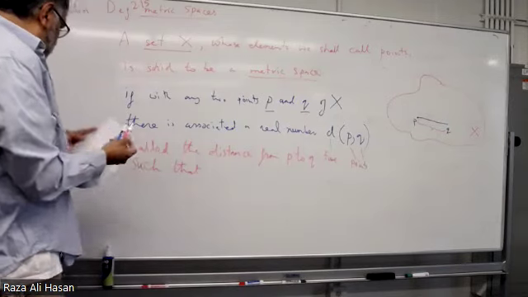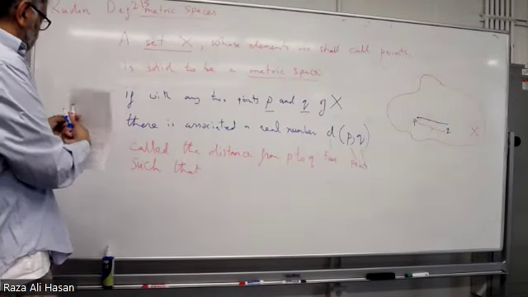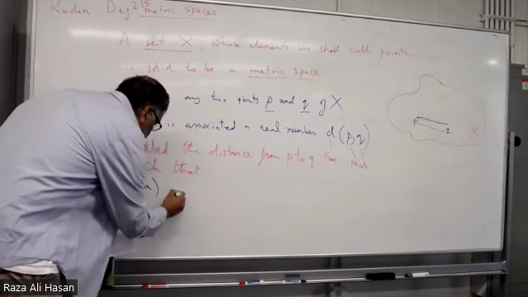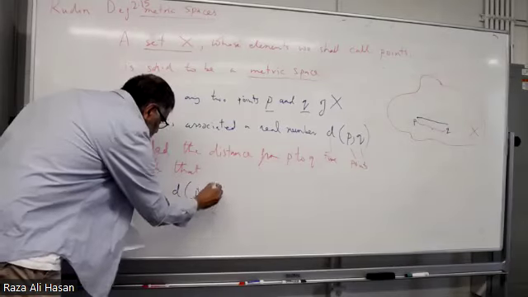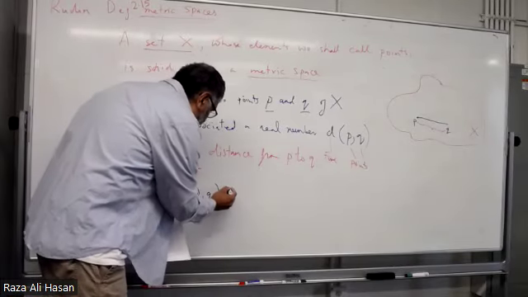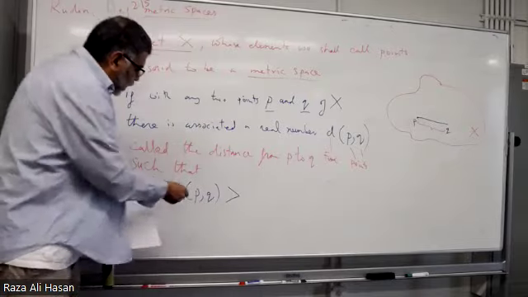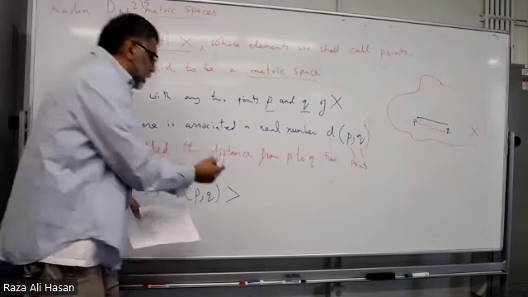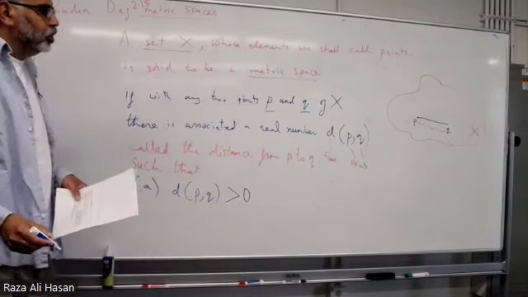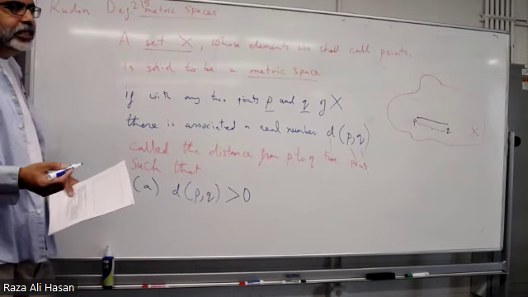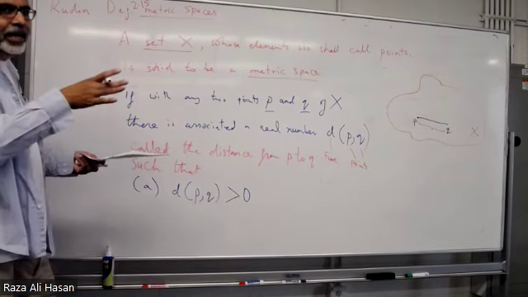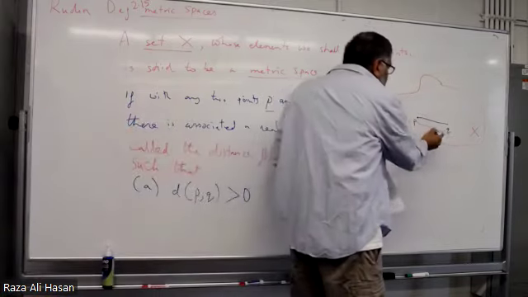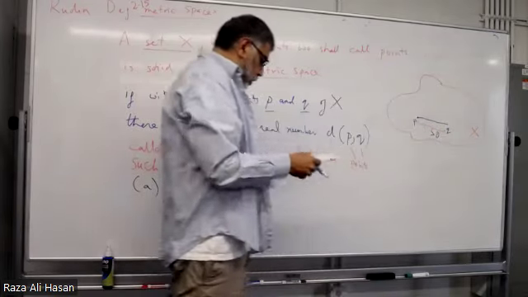All right. So what is the first condition? The first condition is, let's call it A, the distance between P and Q: if we put in these 2 points, what is returned better be positive. Because we're talking about distances. So a zero distance is non-negative, but we don't talk about negative distances. So in other words, this better be greater than 0. Okay.